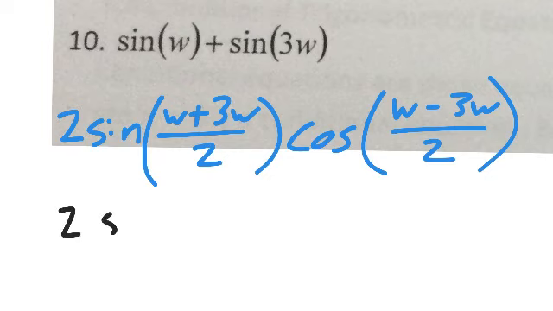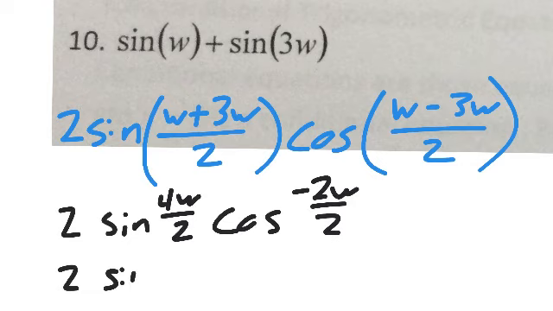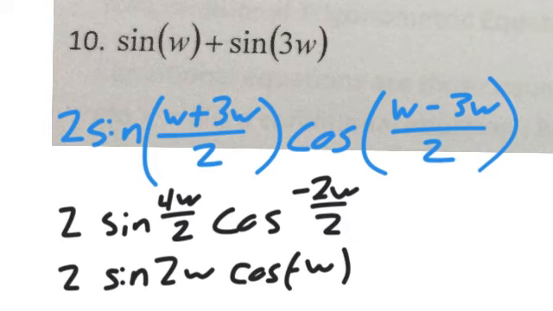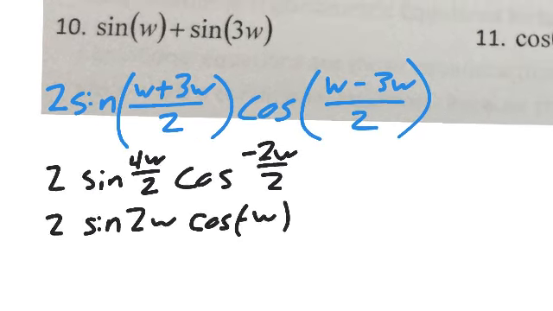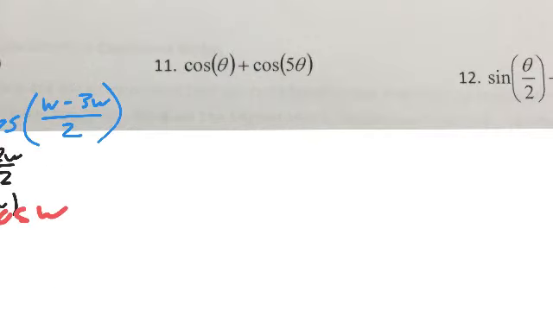So that would be 2 sine 4w over 2 cosine of negative 2w over 2. So that's 2 sine 2w times cosine of negative w. When I have a negative inside a cosine, it gets dropped. So this is 2 sine 2w cosine w.